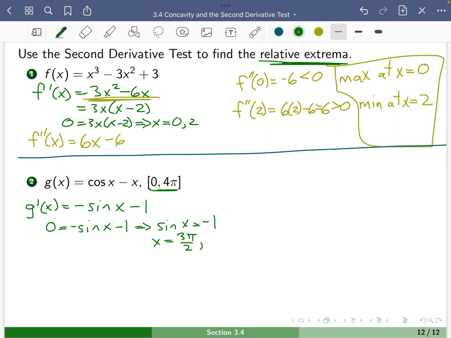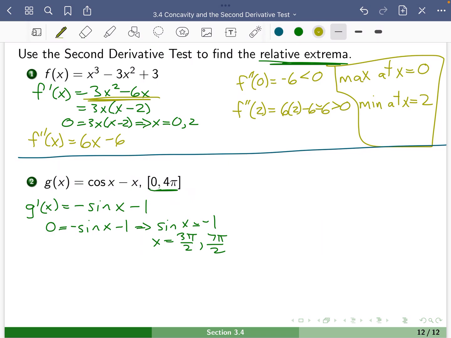And so if we were to add 2 pi to that, we would get 7 pi over 2. Those two values are still in the interval from 0 to 4 pi. If you add 2 pi to this again, it would be negative 1 again. But if we added 2 pi again, we would be outside of this interval. So those are the only two values in this interval where we have a potential maximum or minimum.